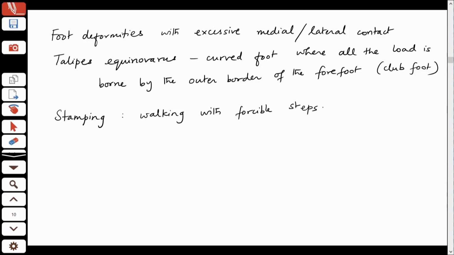So, they need the audible sound or the vibration of that impact with the ground in order to realize that they have made contact.